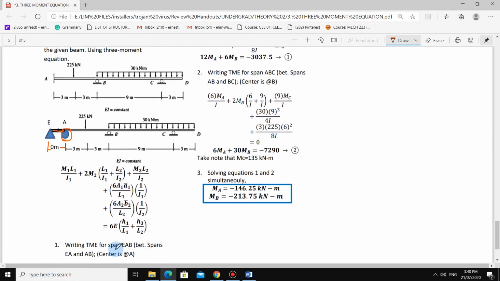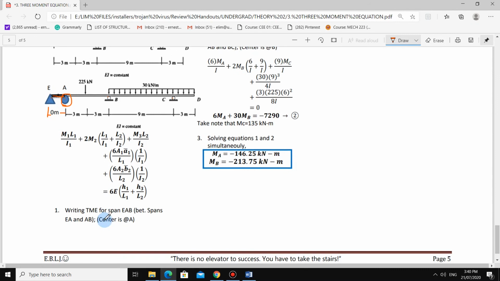You have to write the 3-moment equation for the given spans. So if you have this equivalent beam now, you again have four supports, the same as in example 1. So that means you will create the 3-moment equation twice.